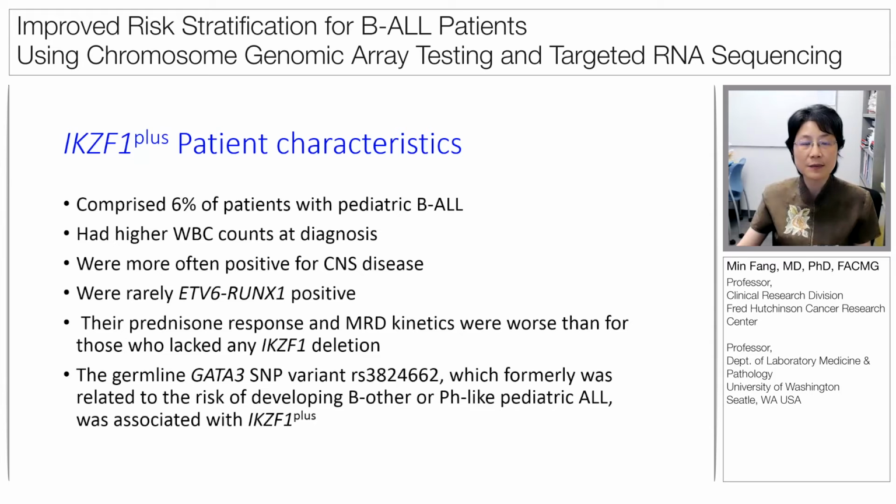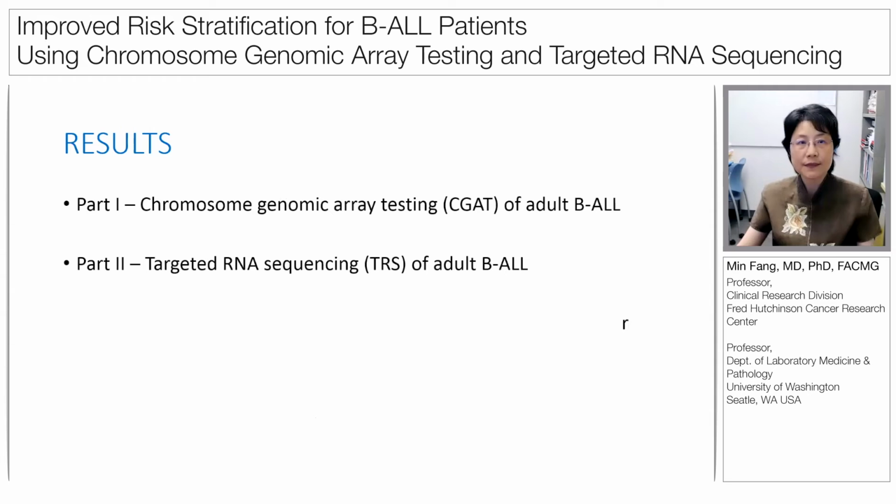Their prednisone response and MRD kinetics were worse than for those who lacked any IKZF1 deletion. This category is also associated with a germline GATA3 SNP variant, previously defined as a high risk for developing B-other or Ph-like pediatric ALL.